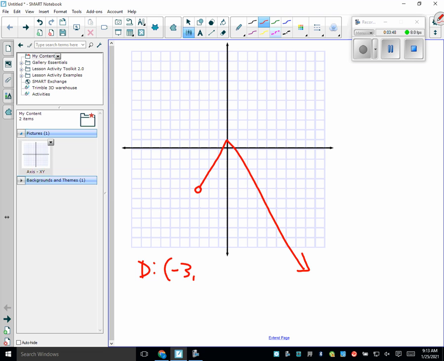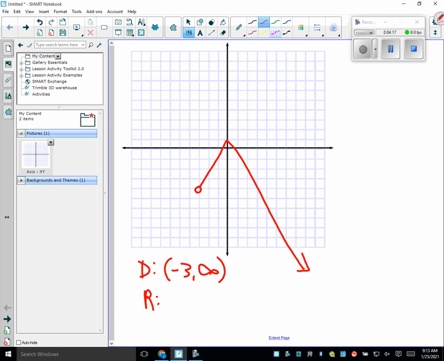So that's infinity. To the right is infinity, isn't it? Now, for the range, what's the lowest it goes? Negative infinity. Agreed?